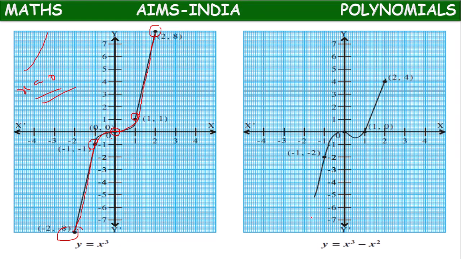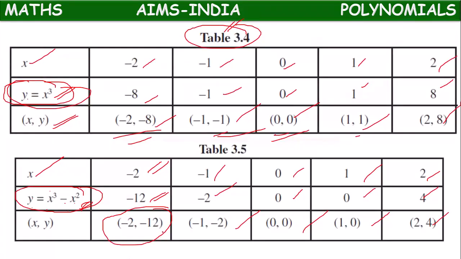Whereas if you see the graph of the other one, we have 5 points here.